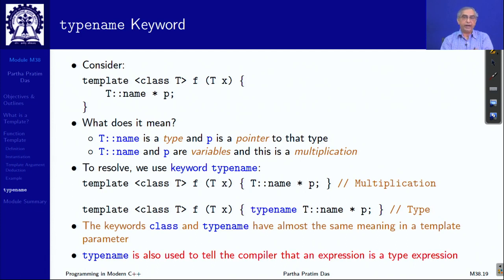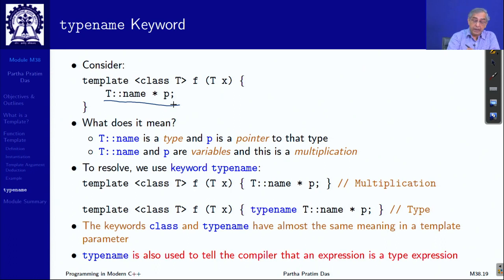There is a reason why typename is given. Consider a template here. T is an unknown type, T::name star p. What does this mean? What does this expression mean? Just observe that this expression can be interpreted in two ways, both logically correct.